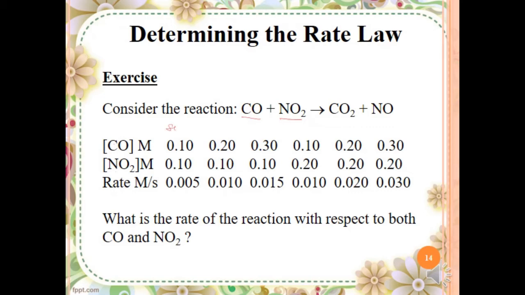So this is set 1, this is set 2, set 3, 4, 5 and 6. So this is the rate for each set. Based on this experiment, identify the order of reaction with regard to CO and also NO2. Follow the example that I have explained earlier.